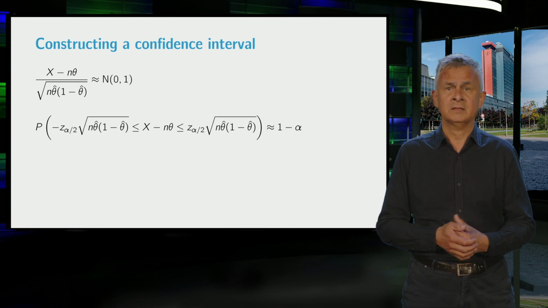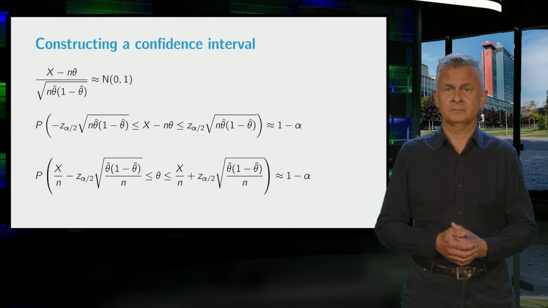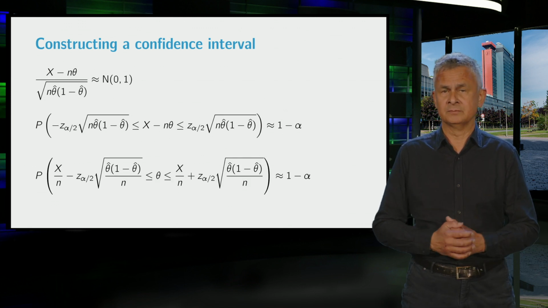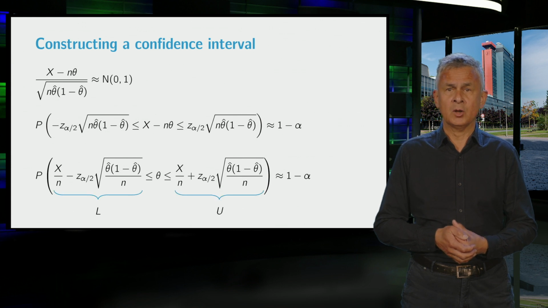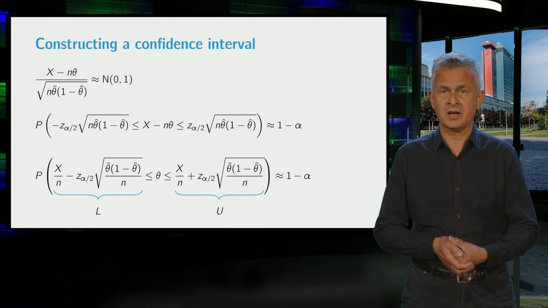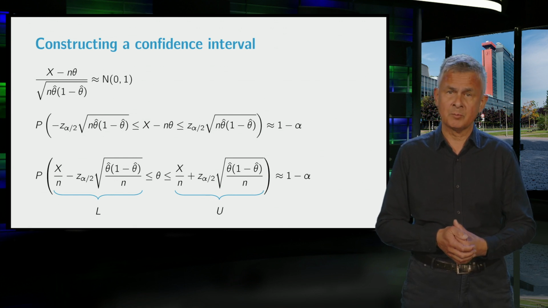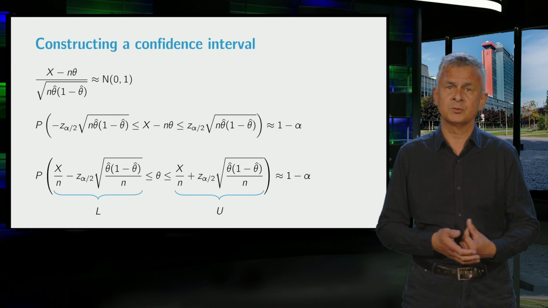And from here, the two inequalities can again be rewritten in this way with theta in the middle. The lower and upper endpoint of the interval only depend on the observation x, and this random interval covers theta with probability approximately equal to 1 minus alpha.